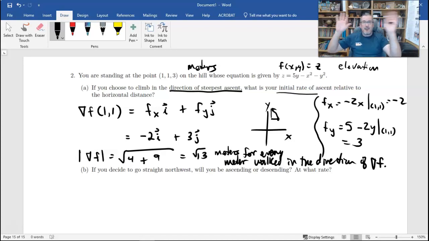But at the point (1, 1, 3), that initial rate of ascent is the square root of 13 meters of ascent for every meter walked, which is why they're saying relative to the horizontal distance. So for you walking kind of horizontally, your elevation is going to increase the square root of 13 meters.